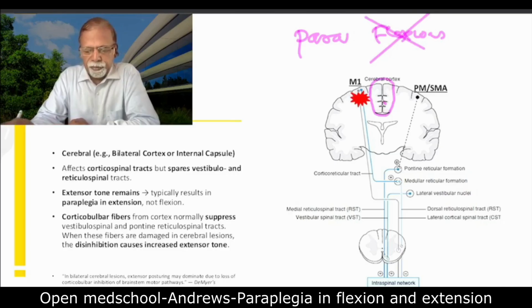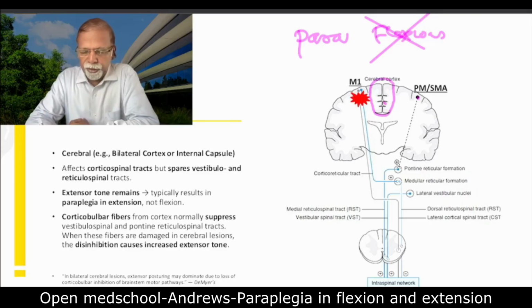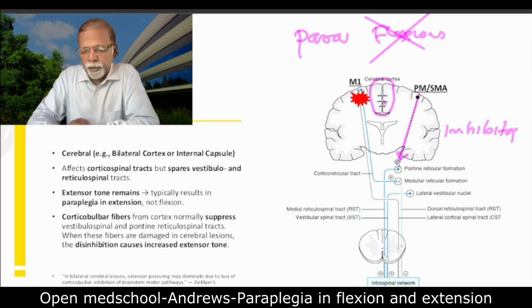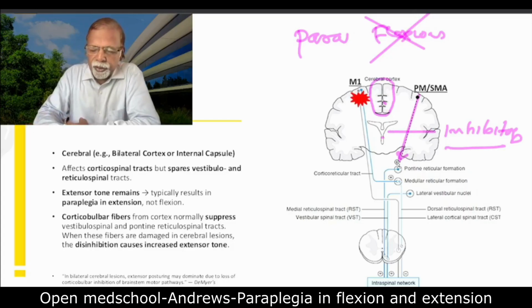What's the mechanism? You can see here the cortex gives fibers to the pontine reticular formation. They are mainly inhibitory. So the cortex has an inhibitory influence on the pontine reticular formation. When a cortical lesion occurs here, what happens?